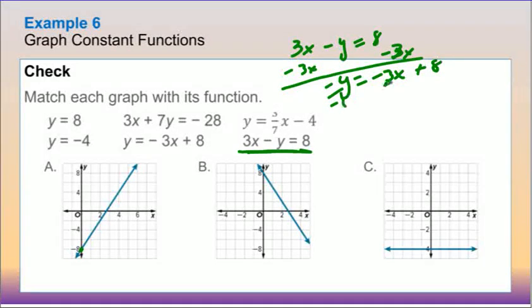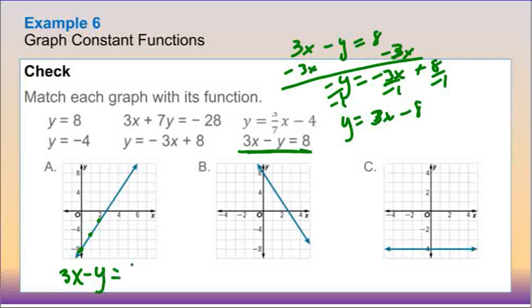Divided by -1, I would have y equals 3x minus 8. And if I would go up 3, over 1, up 3 over 1, that matches up. So this one would be 3x minus y equaling 8.